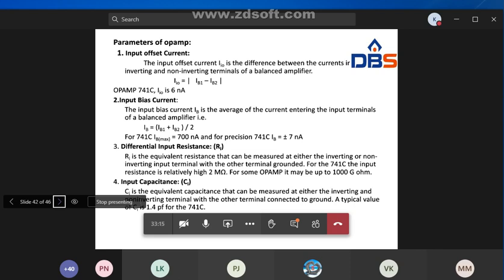See here, this we can write IO equal to the difference between the two input currents, IB1 minus IB2. IB1 and IB2 are the two input currents. So we can write IO is IB1 minus IB2. Okay, so that is the input offset current.